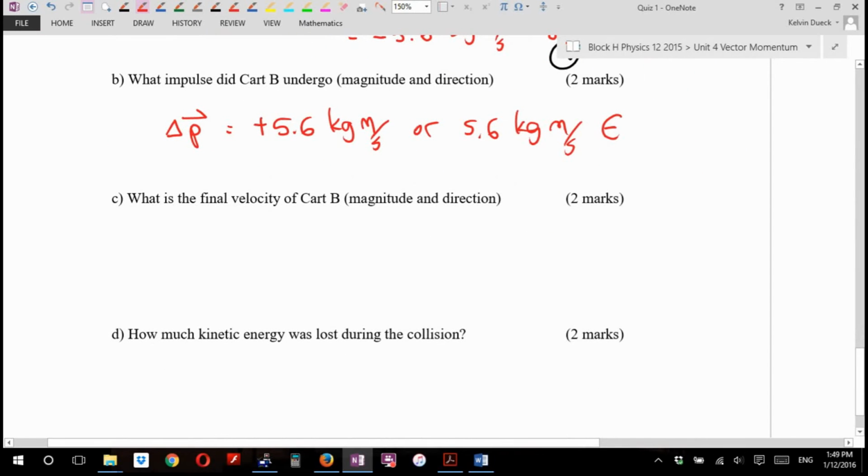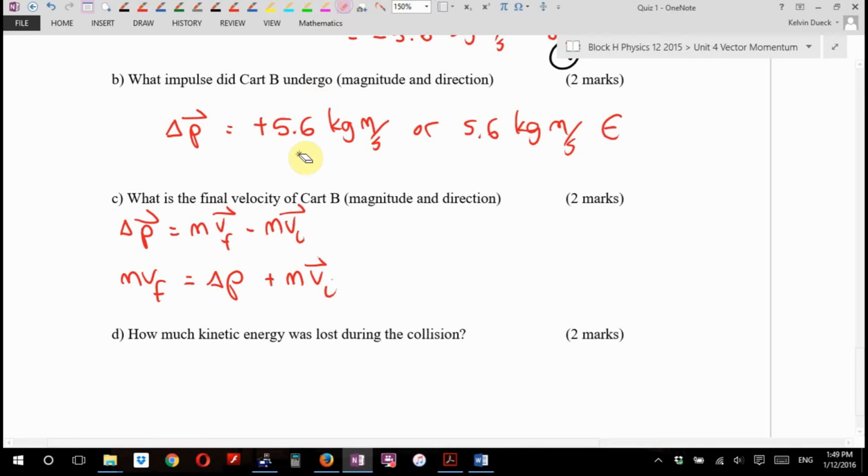Find the final velocity. So now I can actually go like this. Impulse equals mv final minus mv initial. I can say mv final equals the impulse plus mv initial. All I did, Spence, was add that to that side. And you know what?